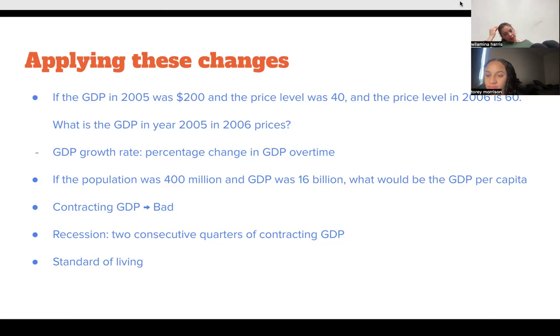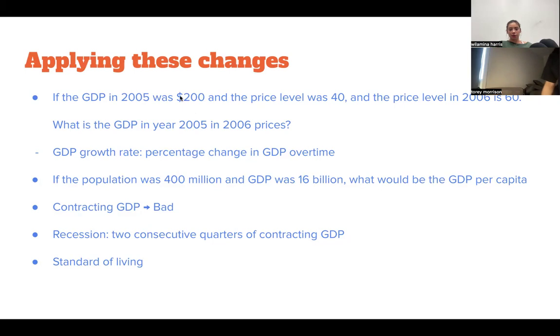So the GDP growth rate is 50%, and that's how much the GDP has grown. You multiply 50% by 200 because that's the original GDP, and we're trying to find how much it increased. We have the dollar amount for 2005, but we're trying to find it for 2006. So $200 times 50%, and 50% of 200 is 100.